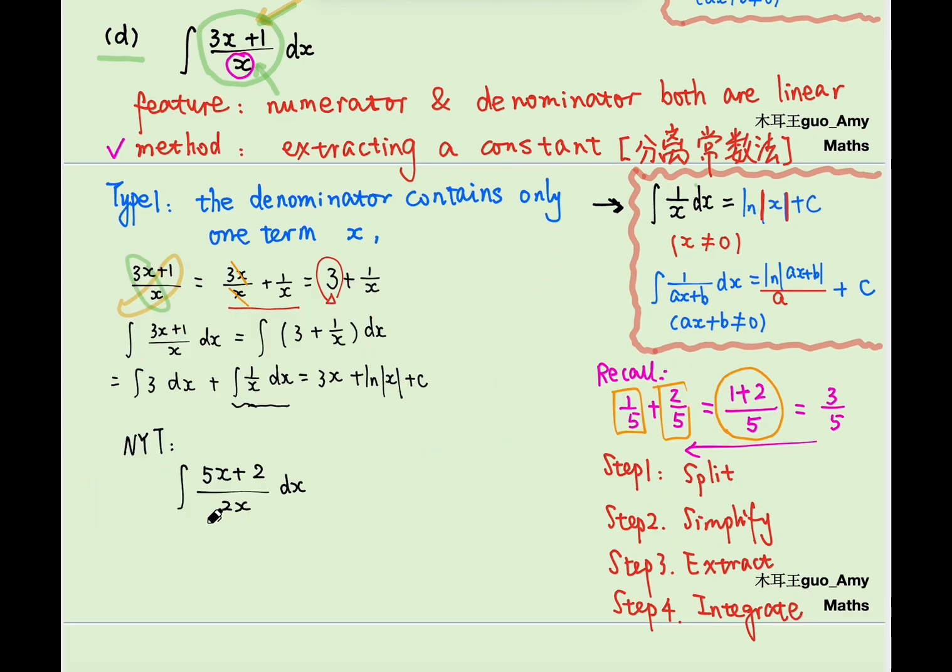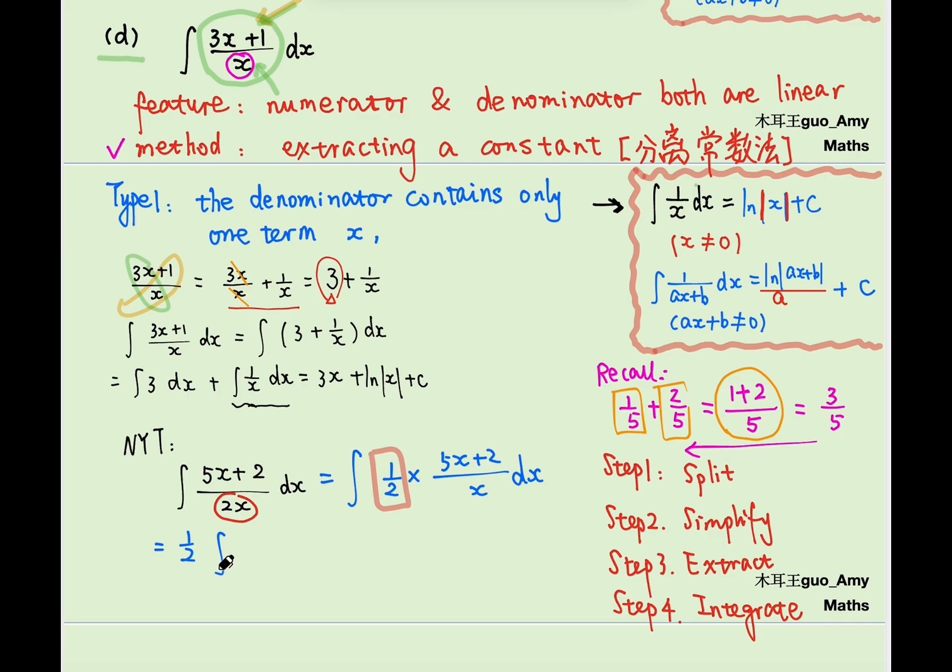Let's look at the now you try question. This one is still type 1 because the denominator contains only one term, 2x. But the difference is that the coefficient of x is not equal to 1. Then we will add one step to convert it to the basic type 1. The coefficient 2 can be separated to the coefficient a half times 5x plus 2 over x.